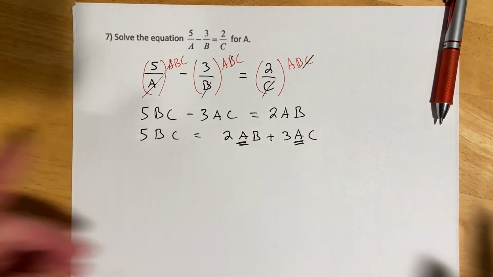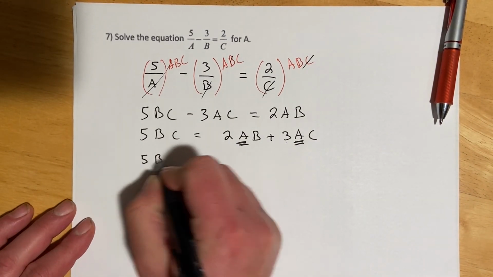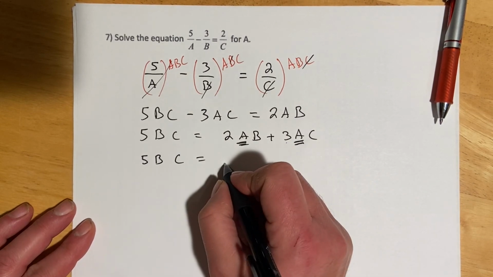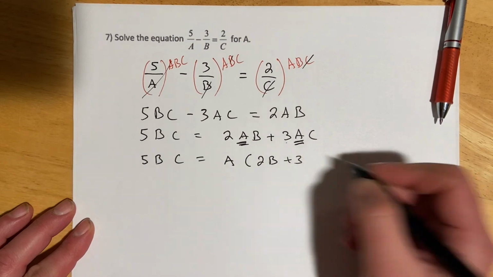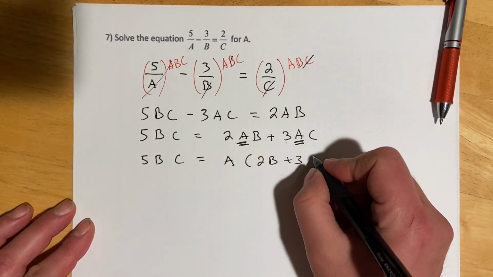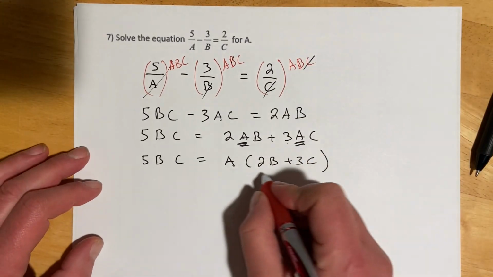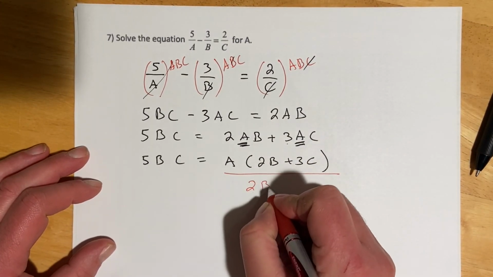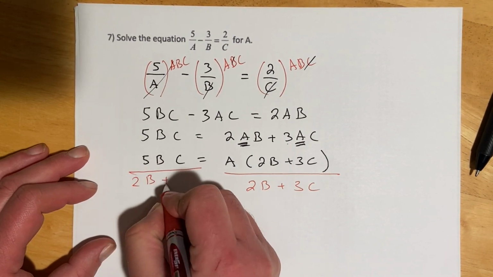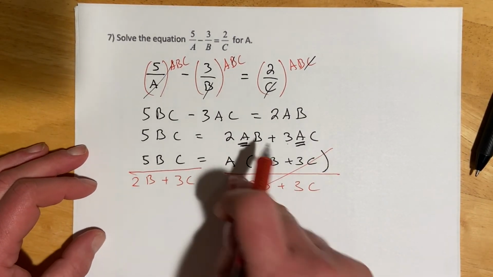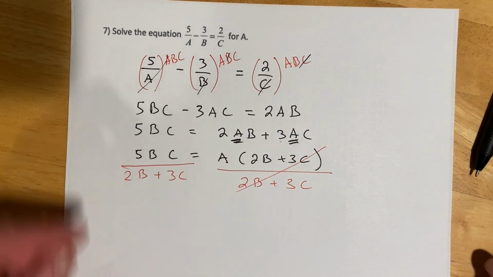Because this says B, this says C, so I cannot combine them. But what I can do is factor an A out front. And what that does is helps me see what I need to divide out to get that A by itself. So once I write it like that, then hopefully it's a little bit easier to see. I just need to divide by 2B plus 3C on both sides. So divide that out, and then we have A by itself. And so then this is what A would equal.